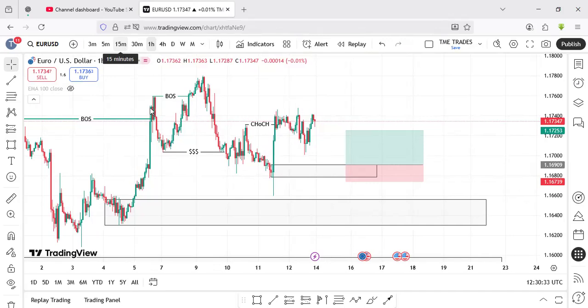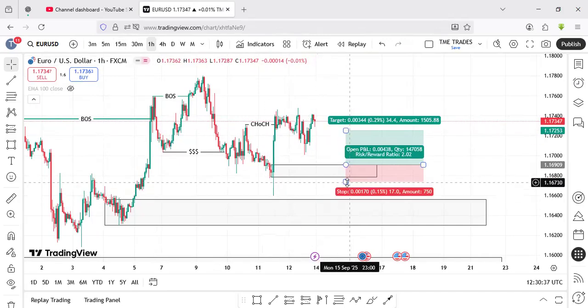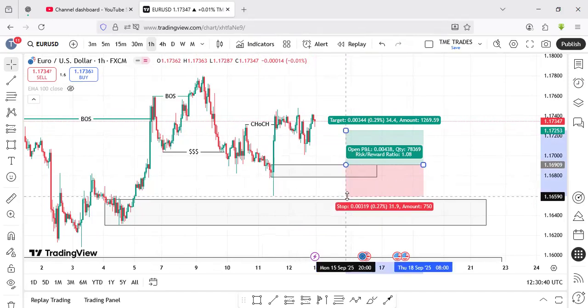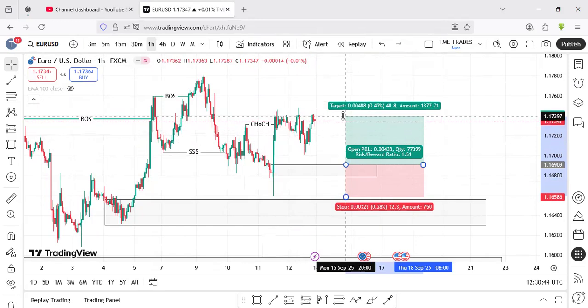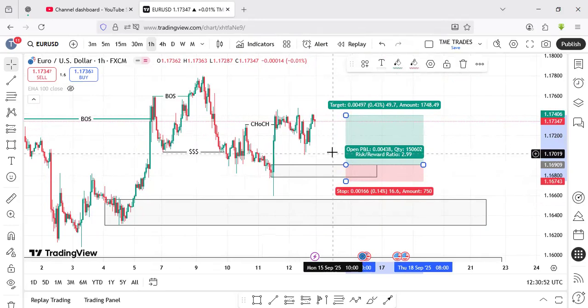Why? Because we have this spike of low below here. The market could come to test the low, which will make you have less than 2 to 1 risk reward, and it's not a healthy way to trade. So wait for change of trend at this particular zone.